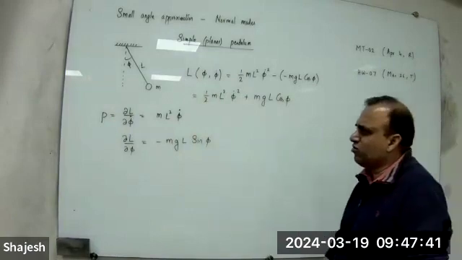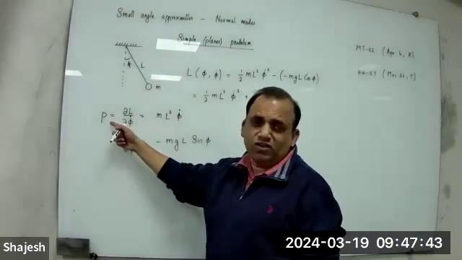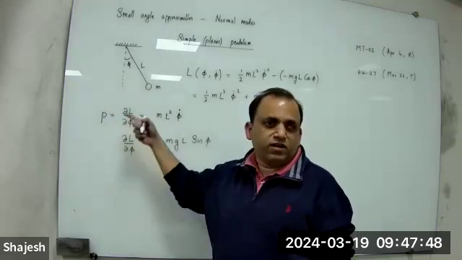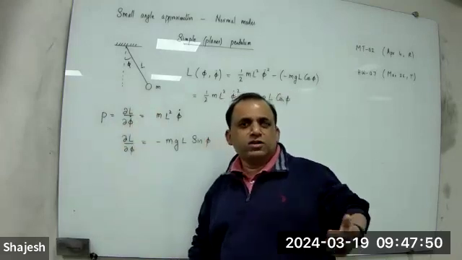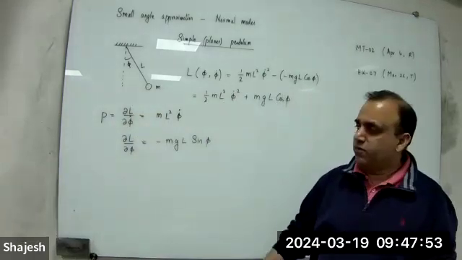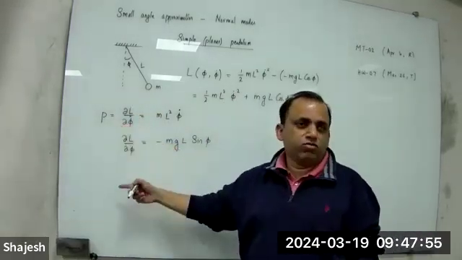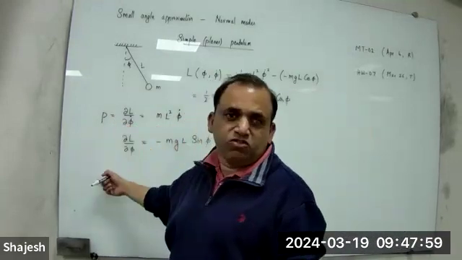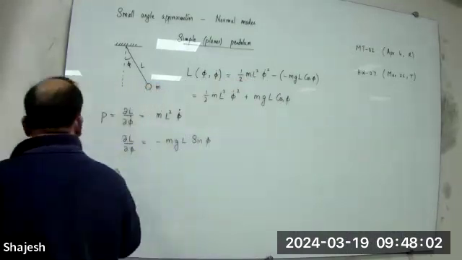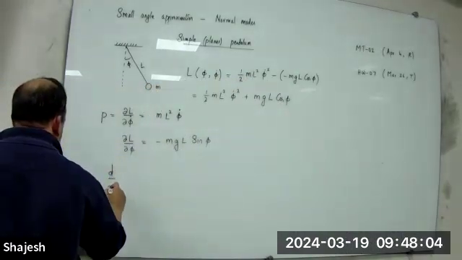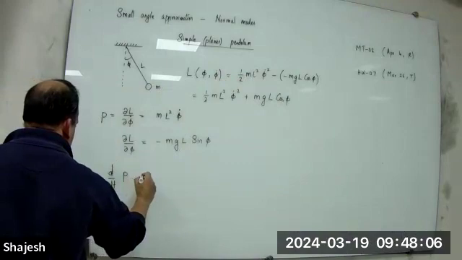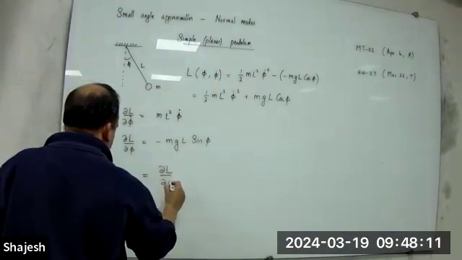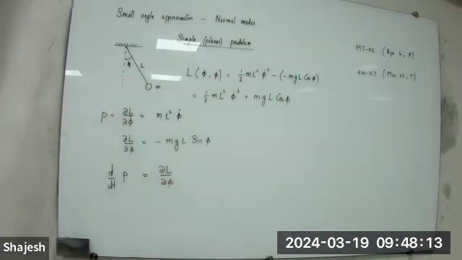And once you have the generalized momentum, or canonical momentum, and the generalized force, they are related by your usual Newton's law. The total time derivative of the momentum is the force. The total time derivative of the generalized momentum is the generalized force. In this case, dP by dt is equal to dL by d phi, which is your Euler-Lagrange equation.